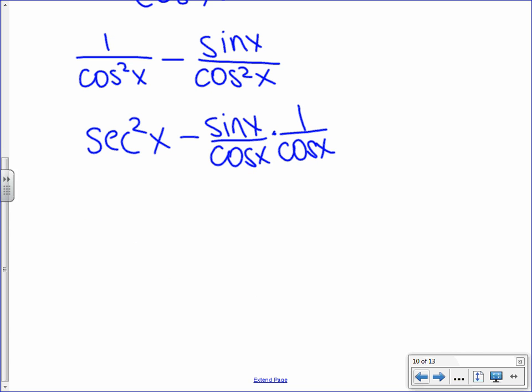Because then we can write this as tangent x secant x. And I'm going to go ahead and stop there.